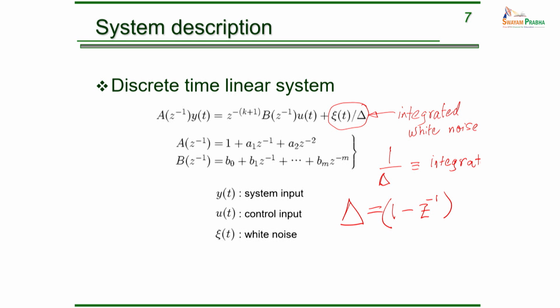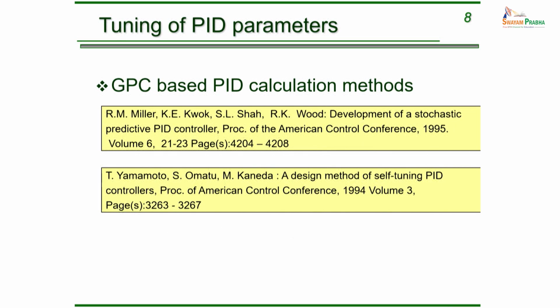Many of the noise processes that we get are of integrated white noise type, and in any case this term delta can now be applied. We can multiply this whole equation by the term delta, and that brings us to the next set of equations.